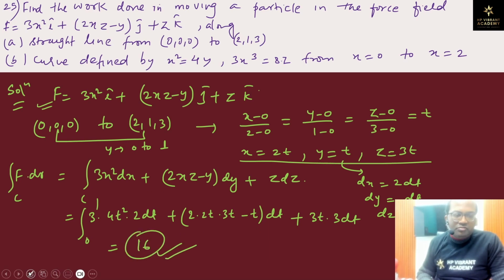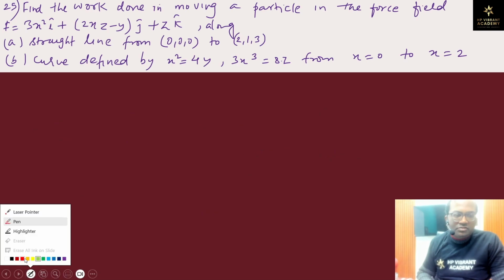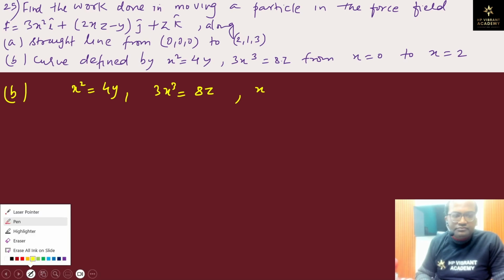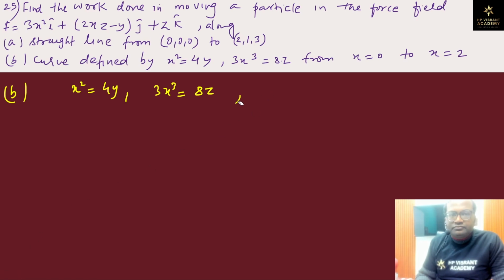Okay, similarly for b, how to proceed for the second part. So we have the curve defined as x square is equal to 4y, 3x cube is equal to 8z, and x is, sorry, okay, so let us take x is equal to t.